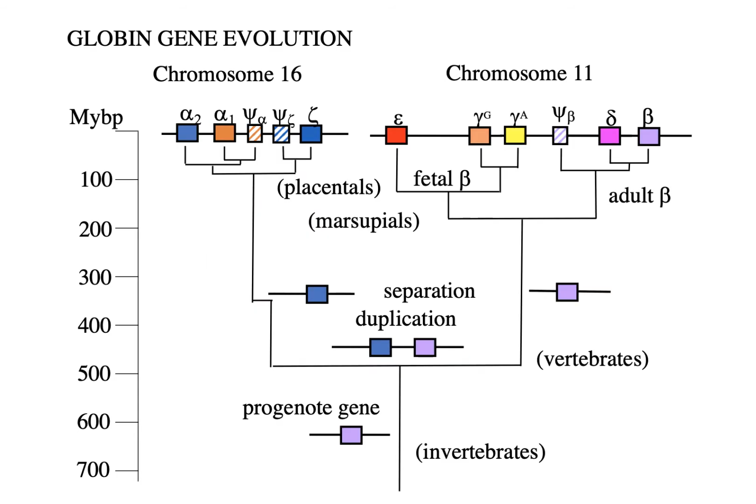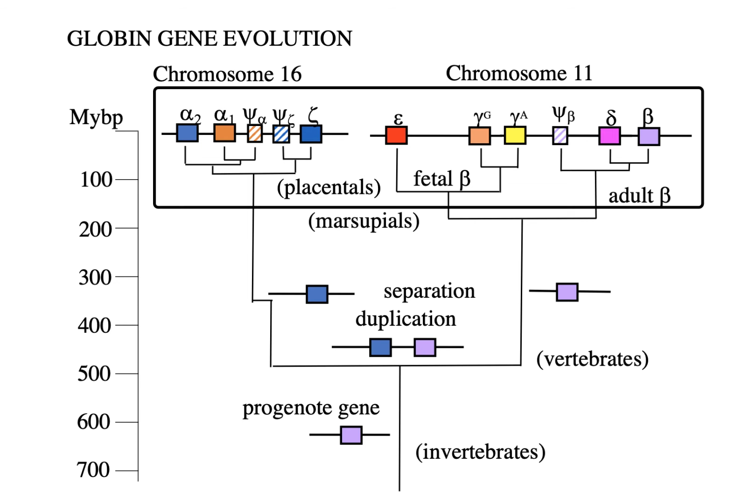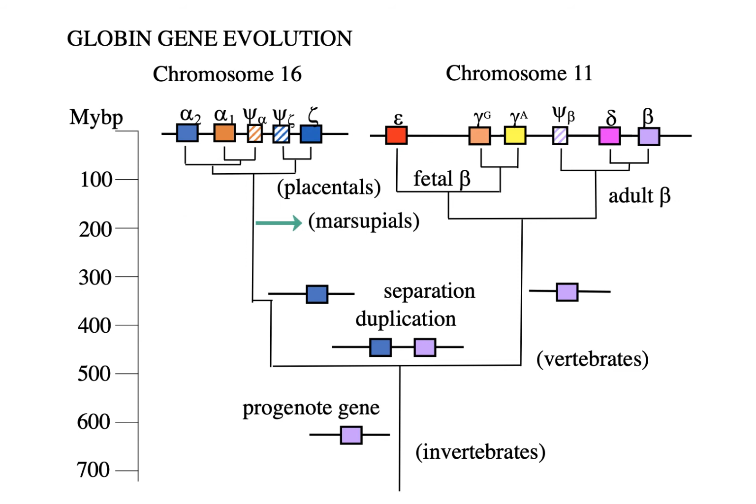The evolution of the globin gene family is fairly complex. It's been studied in great detail. Starting with the placental mammals, there are quite a few different versions of the alpha and beta genes because of some of the reasons I just stated earlier. Going back to marsupials, they have fewer copies of the alpha and beta globin genes, primarily because of their different developmental pathway.